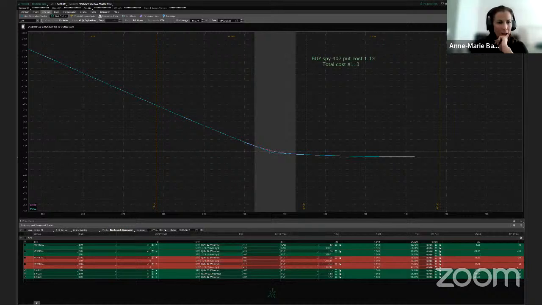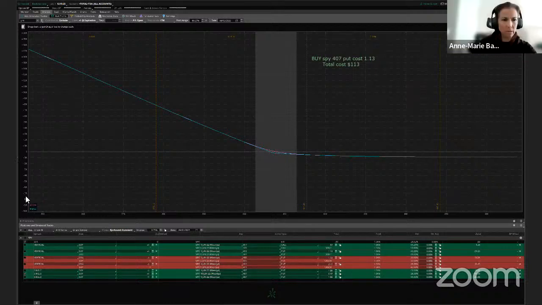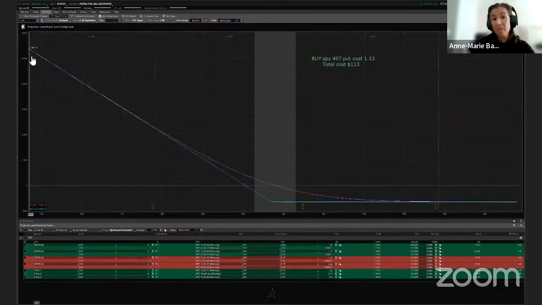Let's see. Okay, now let's see what it does. Okay, so here's the put, right? And this put, notice, do you see the price compression of this motion? Anytime you see this going upward, the risk line, it's going to show you where you're making money.